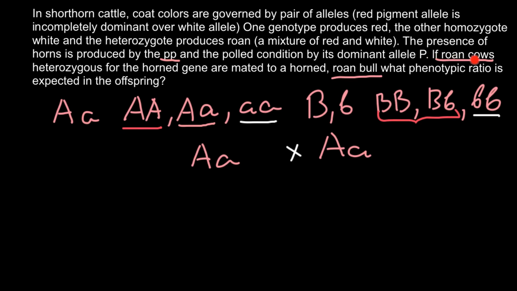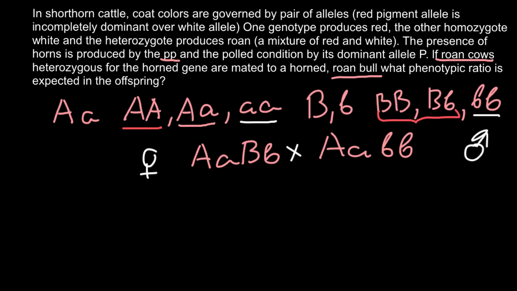Now let's read our question one more time. If roan cows heterozygous for the polled gene, that means this genotype, so the cow has to be capital B and small b, this side is going to be the female side and this is the male side, are mated with a horned roan bull, and if the bull has horns, the genotype has to be small b small b. So what phenotypic ratios are we going to expect in the F1 generation?